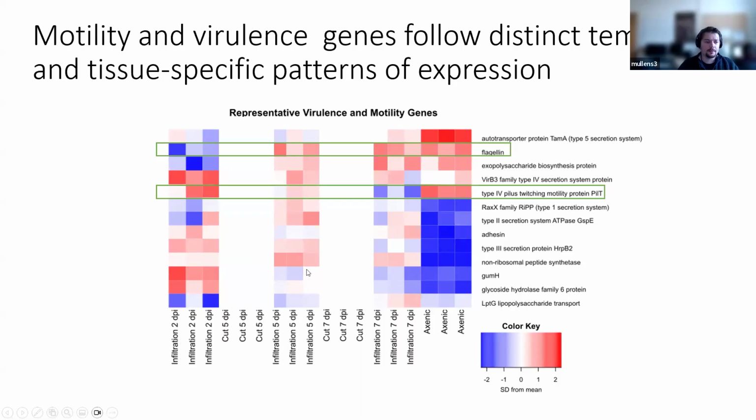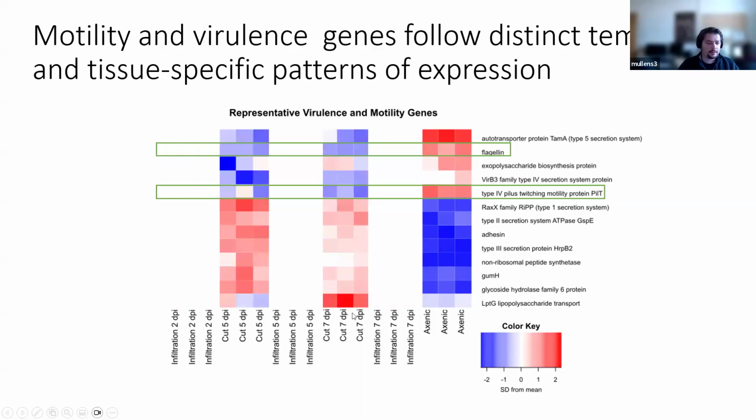So it makes sense that they're particularly type 3s, that there's higher expression earlier on when there's more living plant cells in contact with living bacteria compared to later on when the plant cells are dying at that point.